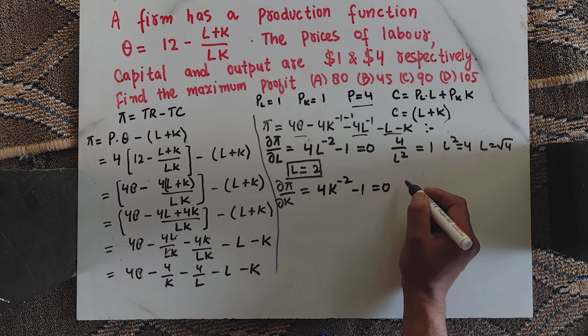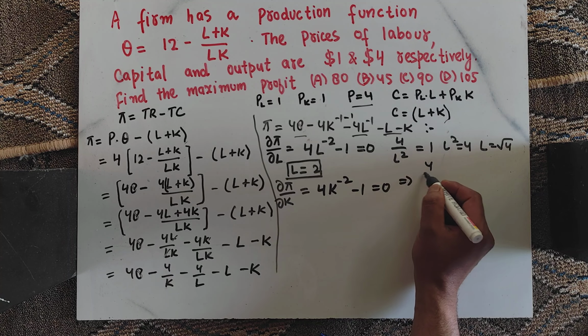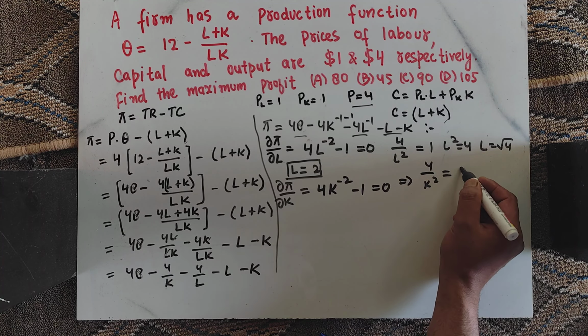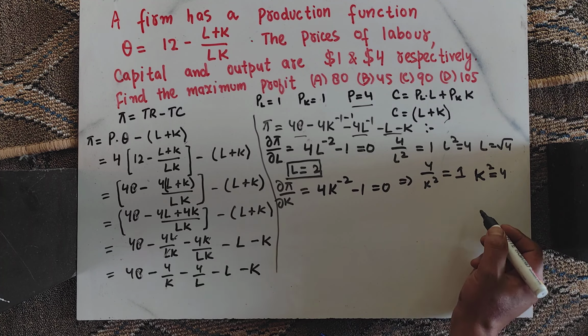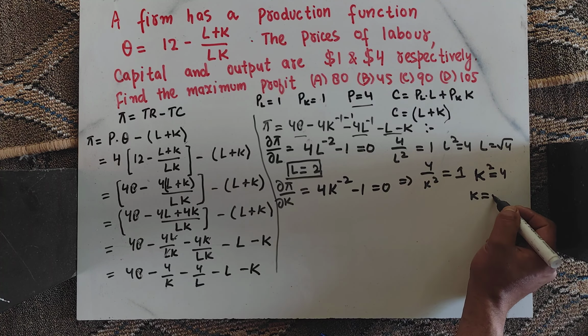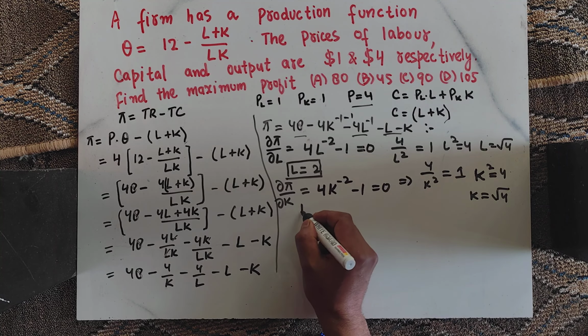Setting it equal to 0, we get 4/K^2 = 1, or K^2 = 4, or K = √4, so K will be equal to 2.